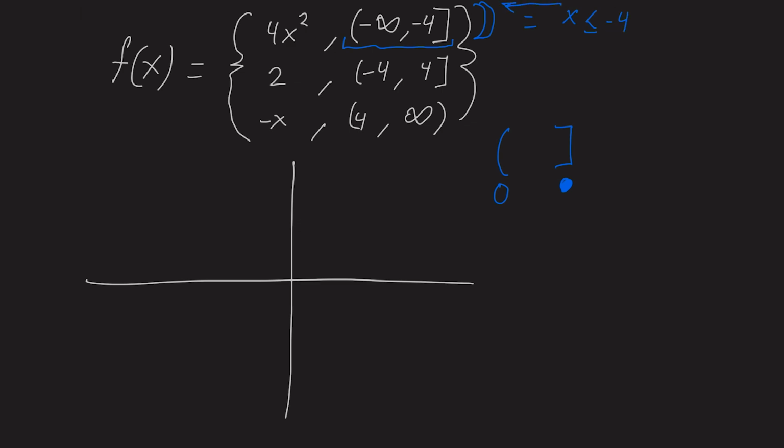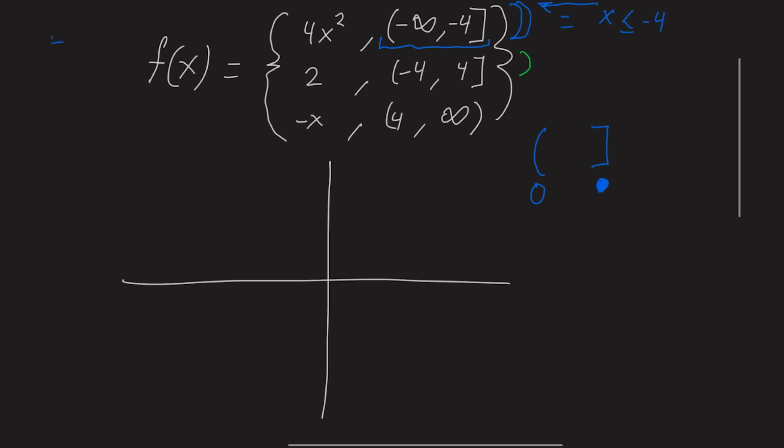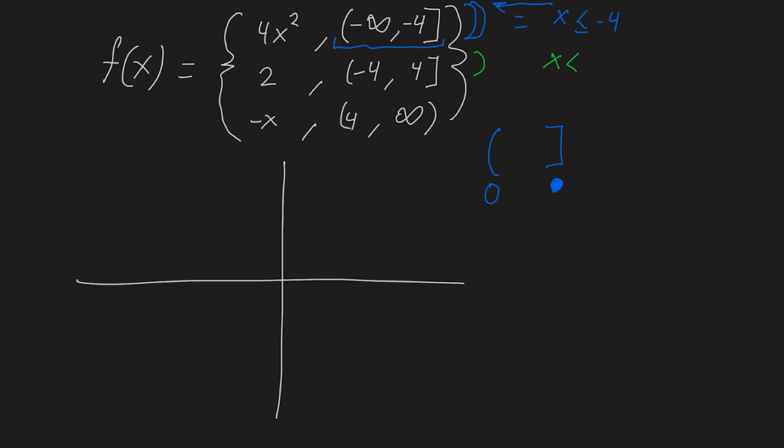These convey the same meaning. Let's try it again with this side of our piecewise function. This denotes x is less than or equal to positive 4, but greater than negative 4. That is the equivalent statement here.